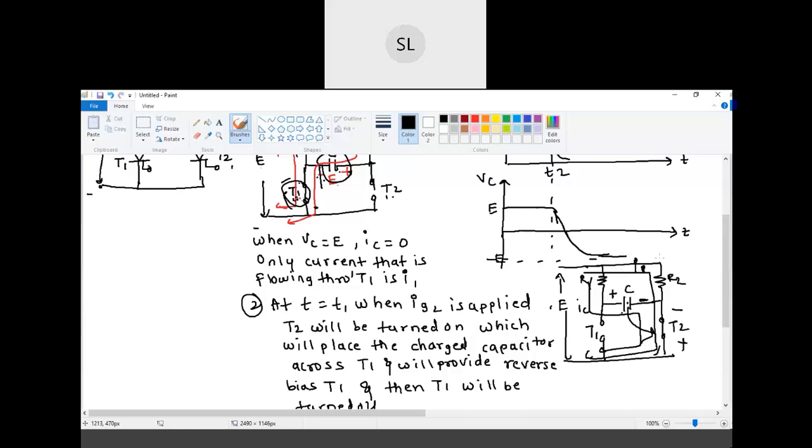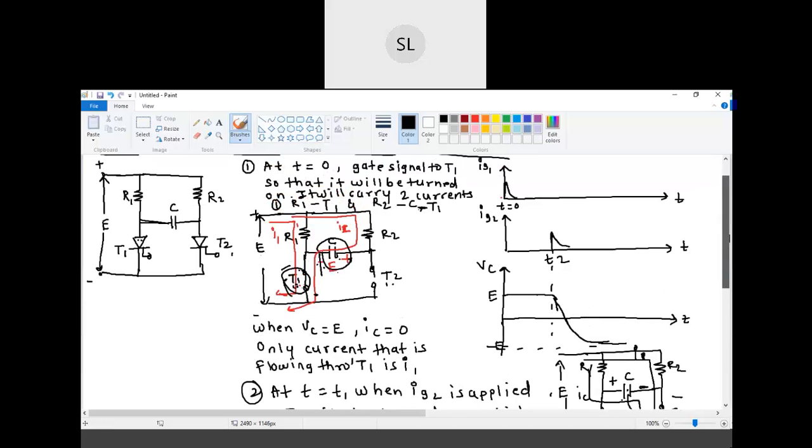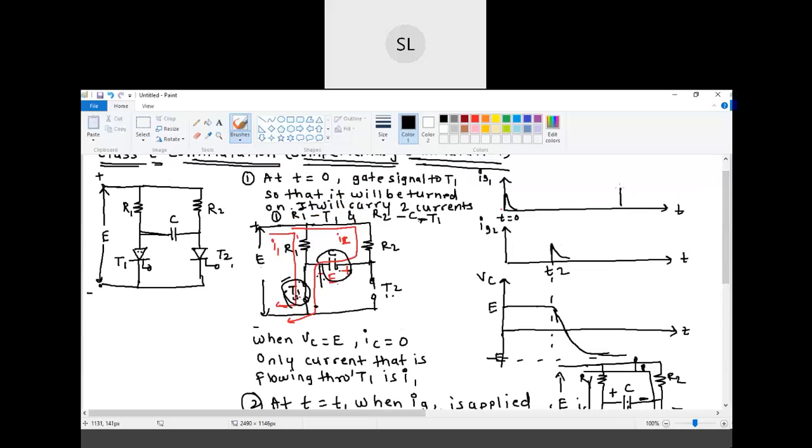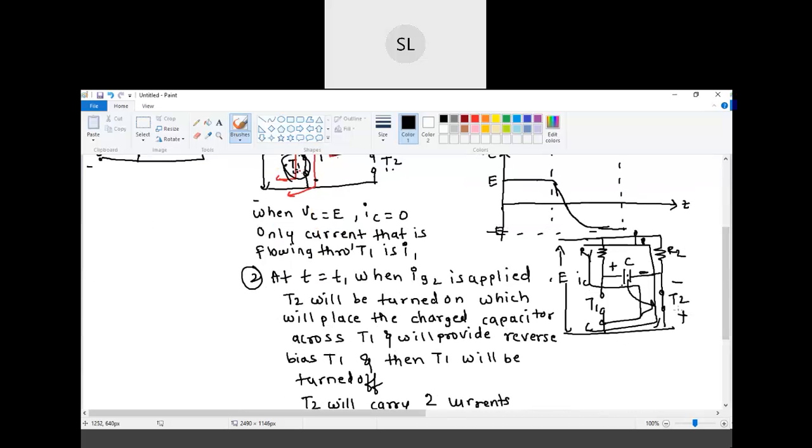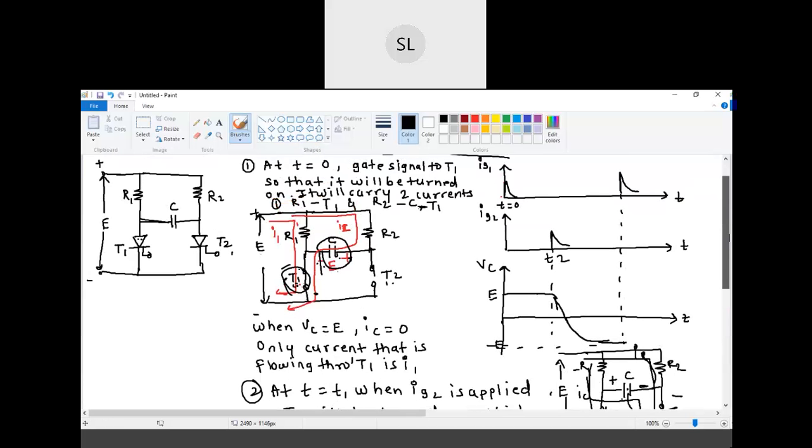Isn't it? So at t is equal to T3, suppose if I apply triggering signal to this T1, what will happen? The charged capacitor will be placed across this conducting thyristor T2, which will provide reverse bias to this T2, and it will be turned off so that the current will again get shifted through R2, C and T1 and R1 and T1. Okay, again we will reach to the first step.